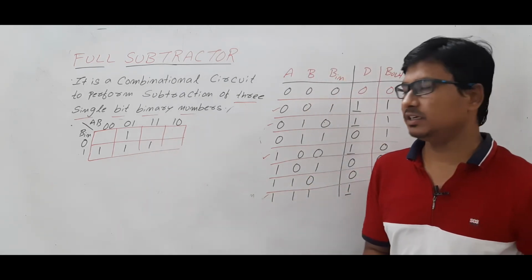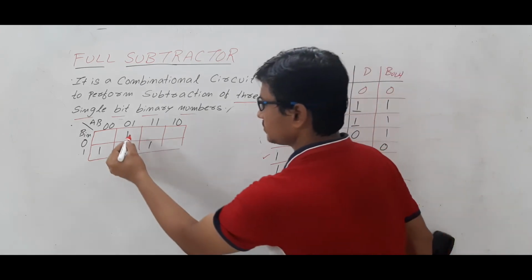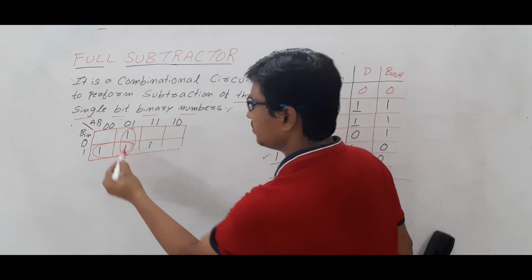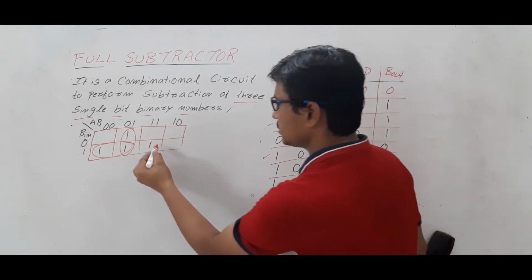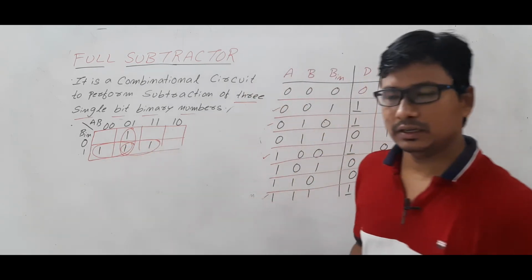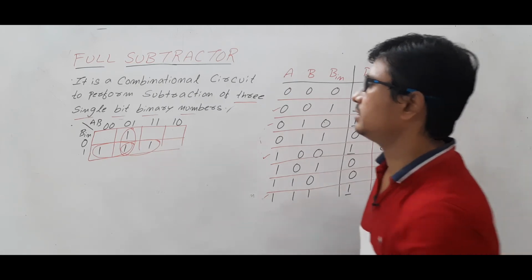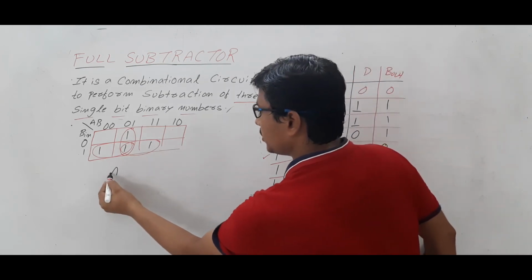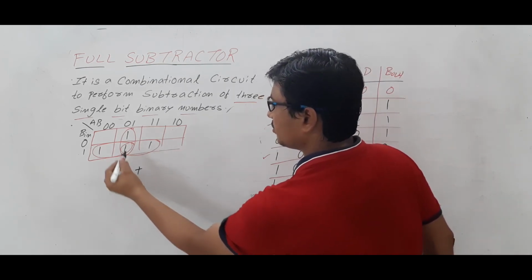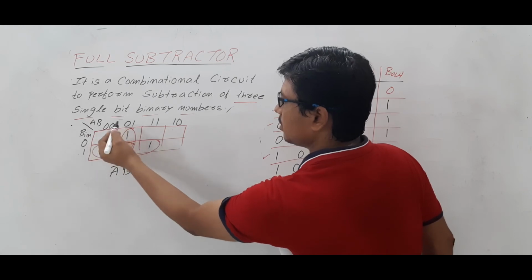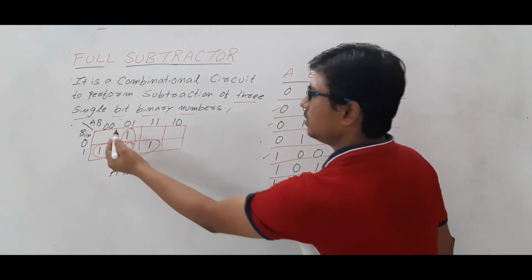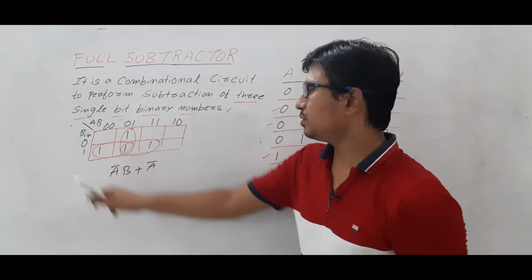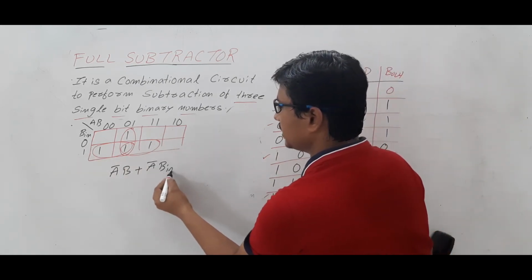Now can we minimize it or not? Let's see. This one we can make it as a 1 implicant. This one we can make it as a 1 implicant. Why? They are adjacent. Similarly, this one we can make it as a 1 implicant. So what is the expression we will get? From this implicant, I will get A complement B, or from this one, from the column side I have the common is 0, so I will write A complement, and at the row side I will have the B in.